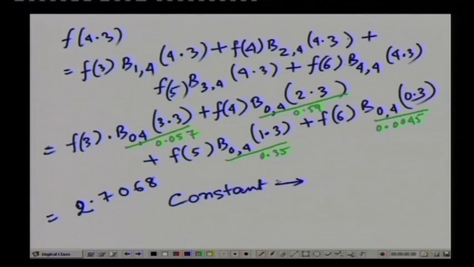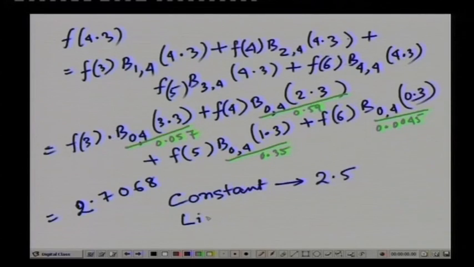So, when I try to find the value at f 4.3, the point t equal to 4.3 is nearest to point t equal to 4 at which I have a sample value. So, using nearest neighbor or constant interpolation, f 4.3 will be simply equal to f 4, which in our case is equal to 2.5.